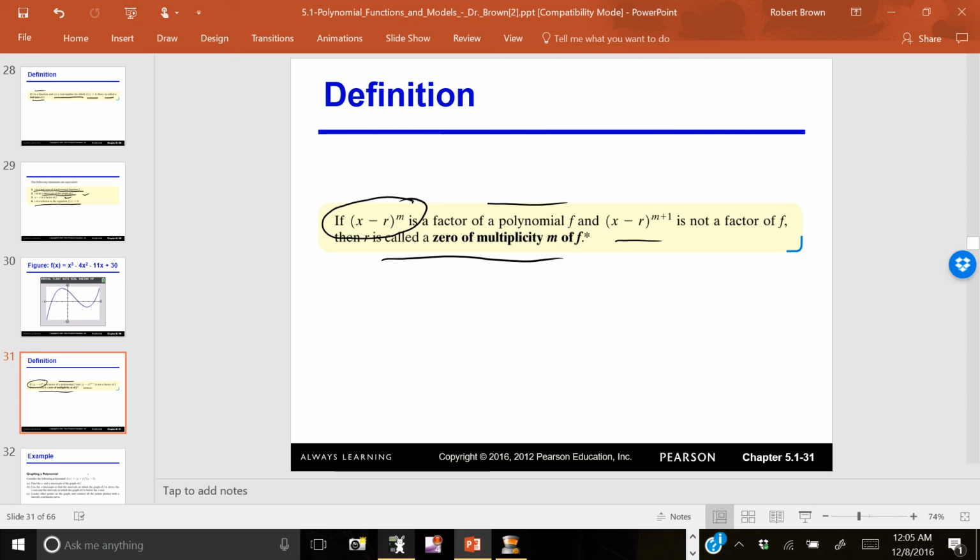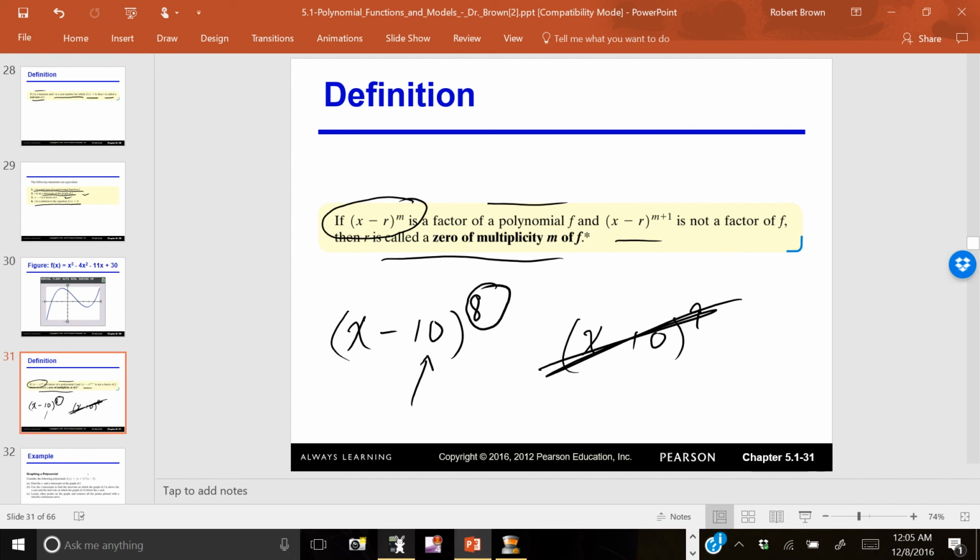That means that if, for instance, x minus 10 to the 8th power is a factor, but x minus 10 to the 9th is not a factor, then 10 is a zero of multiplicity 8.